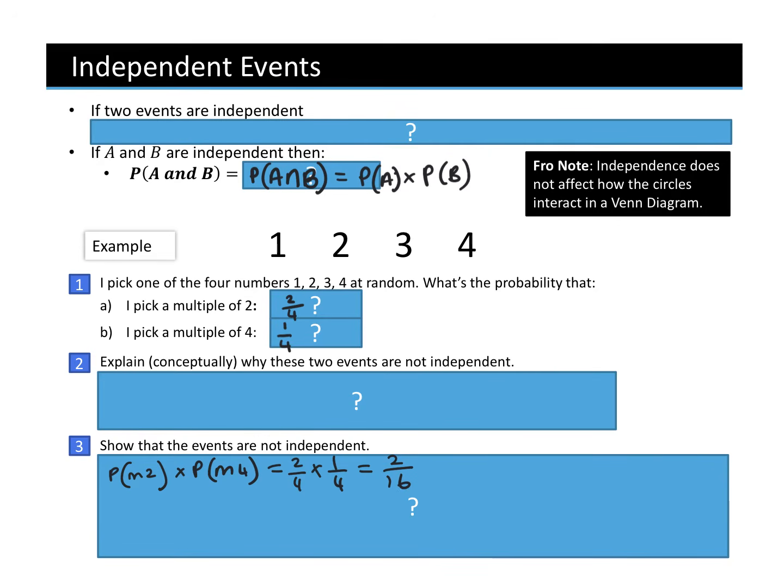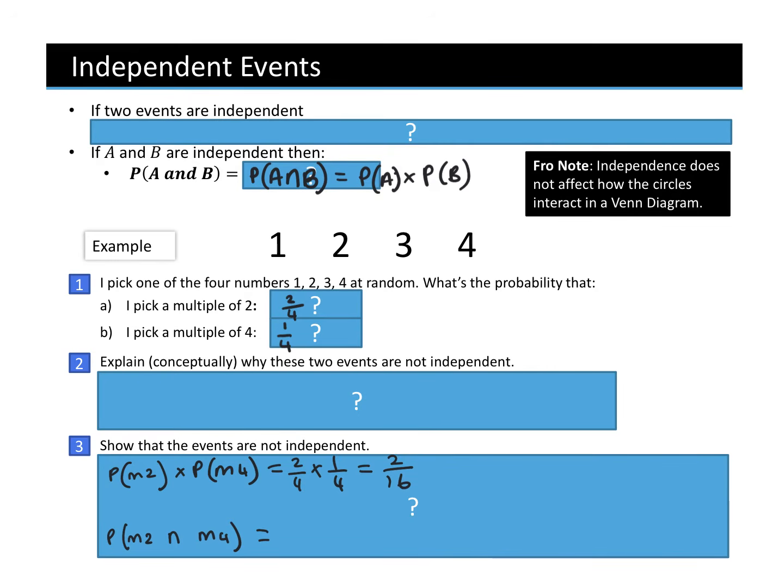Now, if they are not independent, this is not going to be the same as the probability of a multiple of 2 and a multiple of 4. What does that equal?